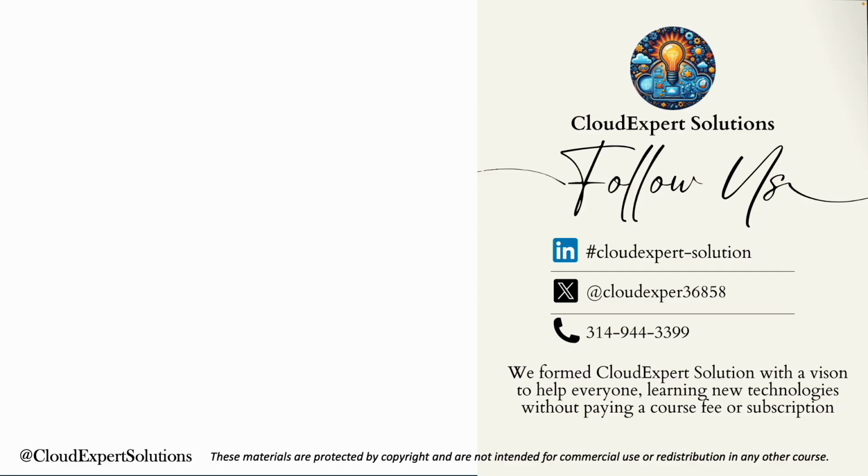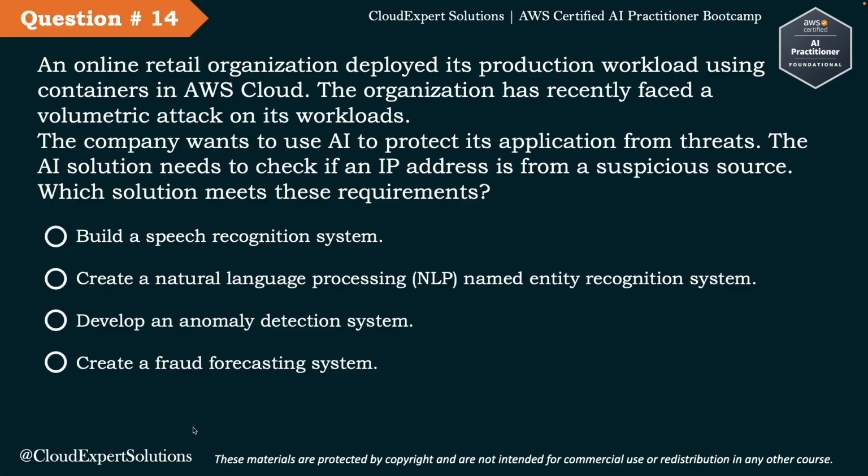Let's resume. Now let's review question number 14. An online retail organization deployed its production workload using containers in AWS Cloud. The organization has recently faced a volumetric attack on its workload. The company wants to use AI to protect its application from threats.